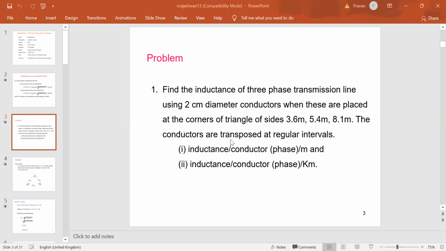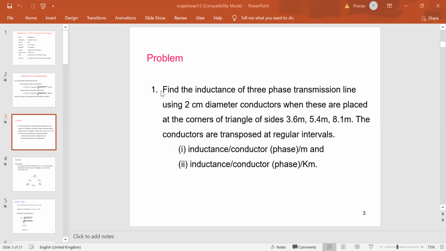The conductors are transposed at regular intervals. So we have to find the inductance per conductor per meter and the inductance per conductor per kilometer.